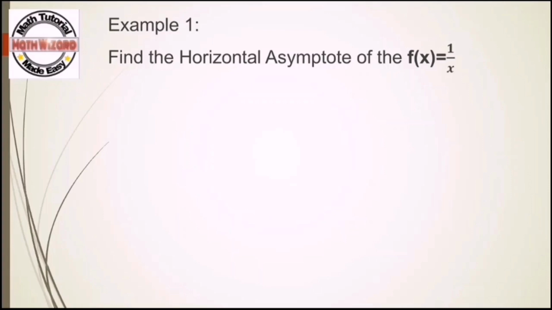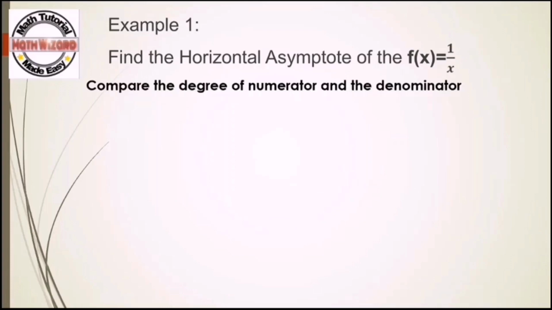So we will be using the same example, but in this case what we will do is to find the horizontal asymptote of 1 over x. Again, we compare the degree of the numerator and the denominator.